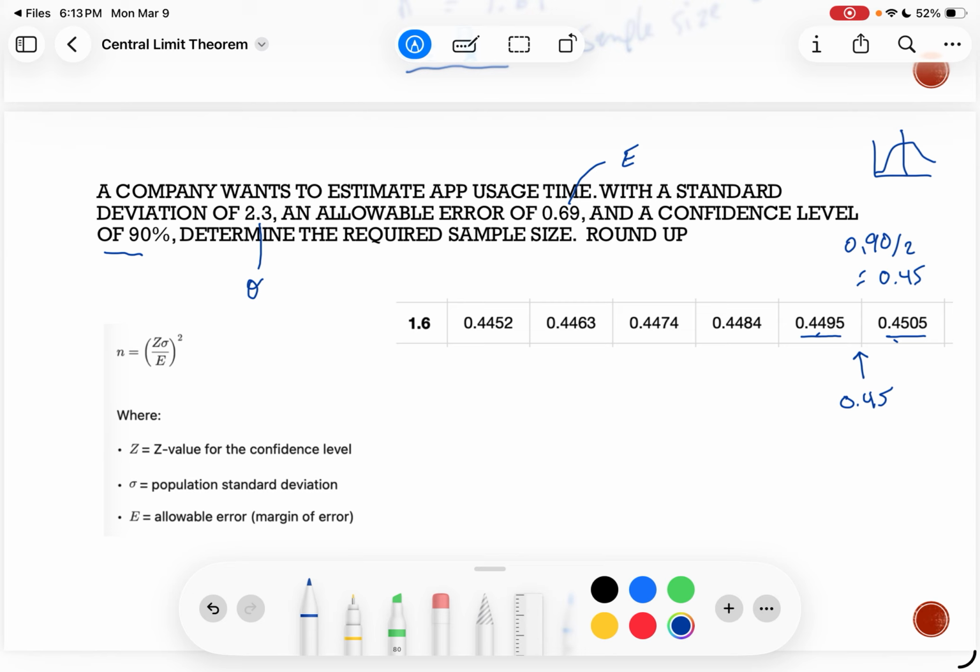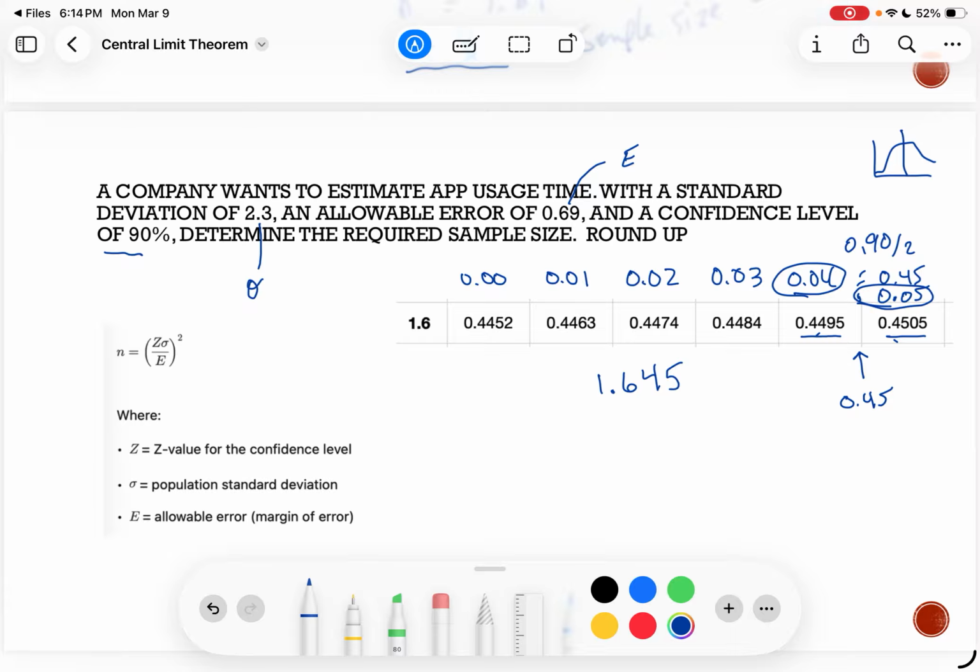So in this case, I'm going to just fill this out because the table was cut. It's in between 0.04 and 0.05. So we can say it's 1.645, because it's right in the middle of 0.04 and 0.05.